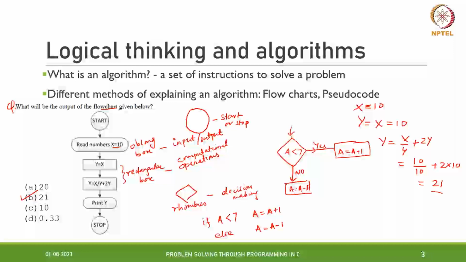There it's x is equal to 1. The answer will be compilation error. Some are discussing how can it be a compilation error when it's an algorithm. We are not giving it to a computer. How is it a compilation error?